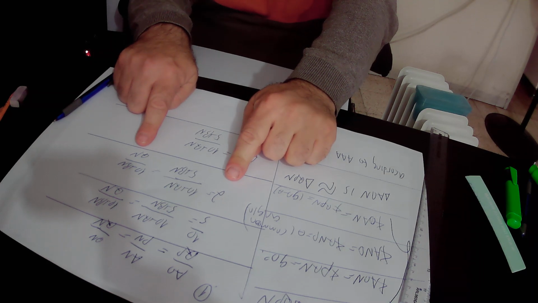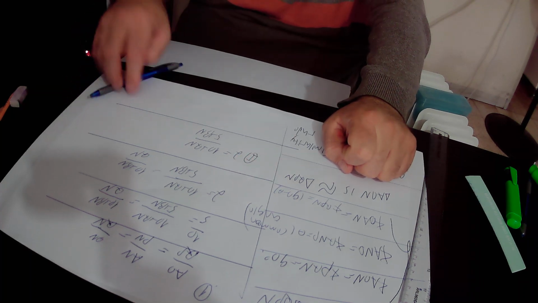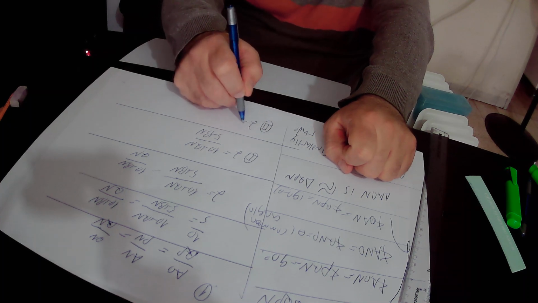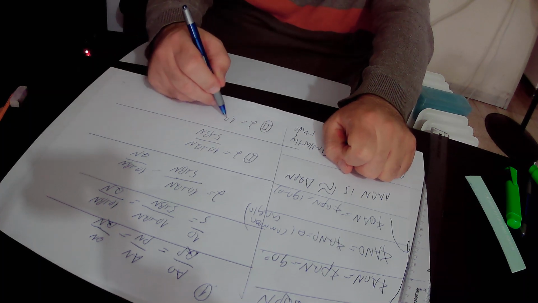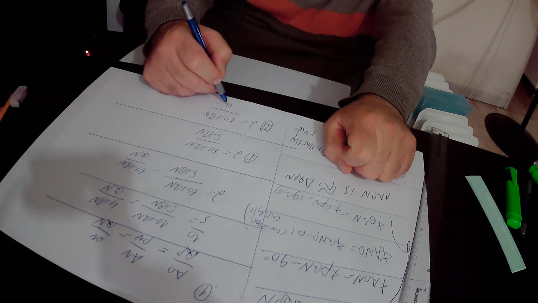Those two sides are also equal to each other, therefore we can create from those two sides equation number 2. So according to equation number 2, 2 equals 10 plus BN over QN.